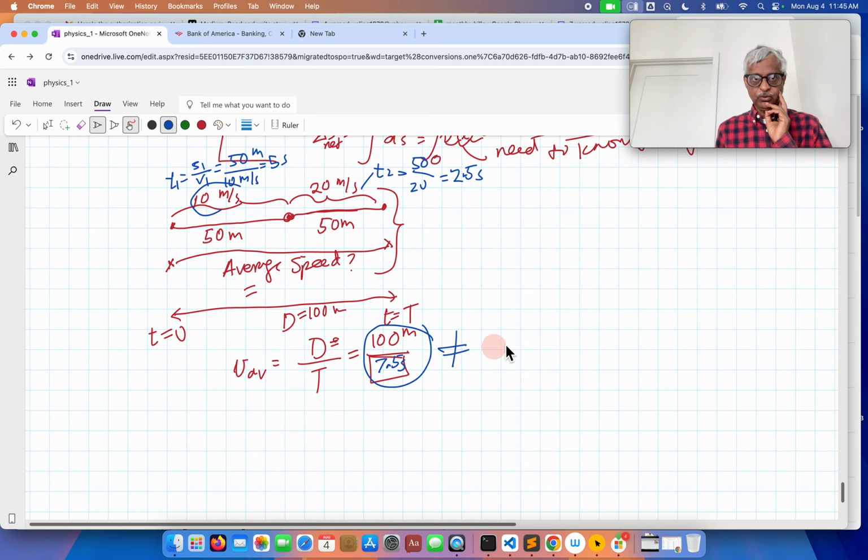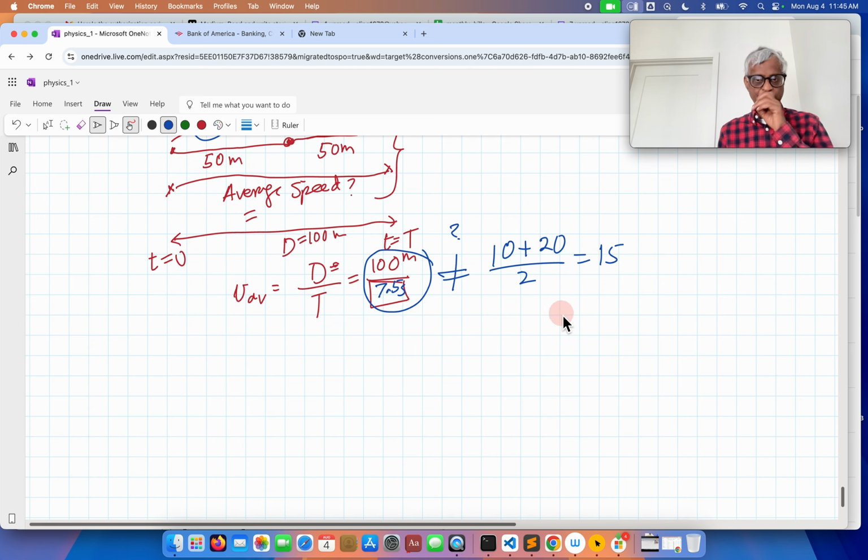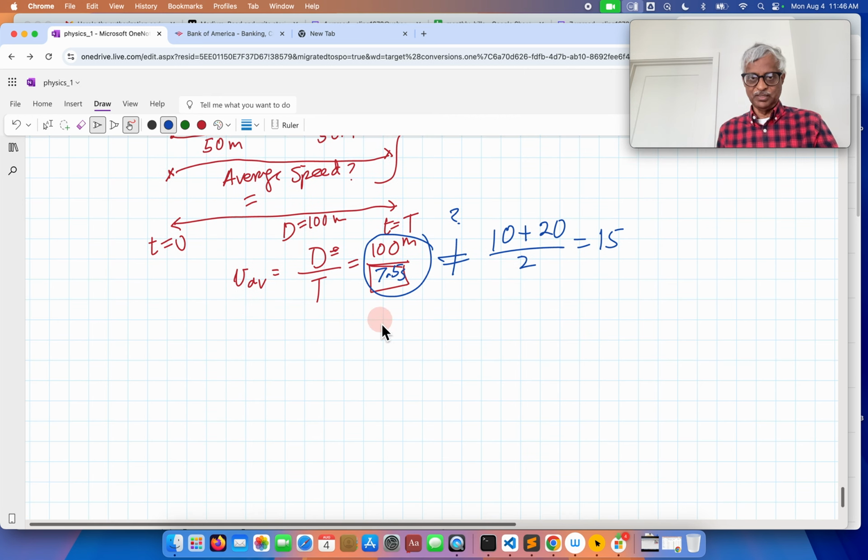This is not equal to 10. It's not equal to 10 plus 20 over 2 equals 15. Is it 15? Let's see. I mean, it doesn't have to be, but it might be because we're just doing the same distance. So we check it out. So 100 over 75 times 10.